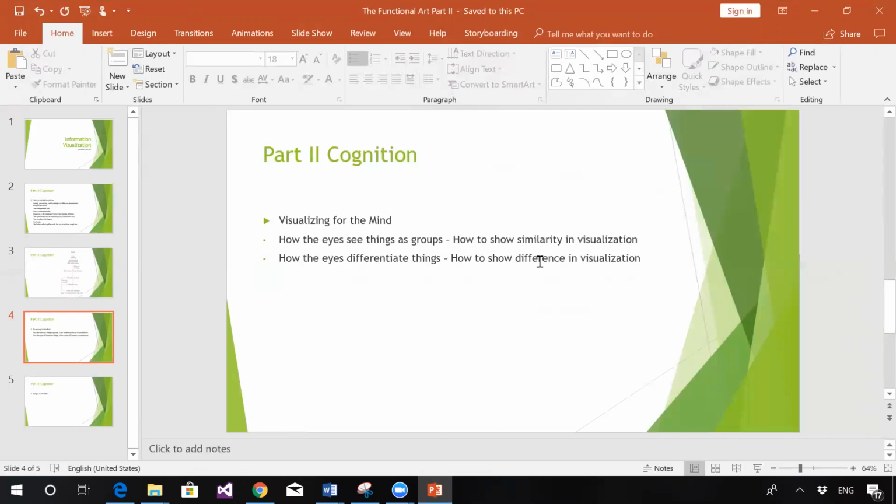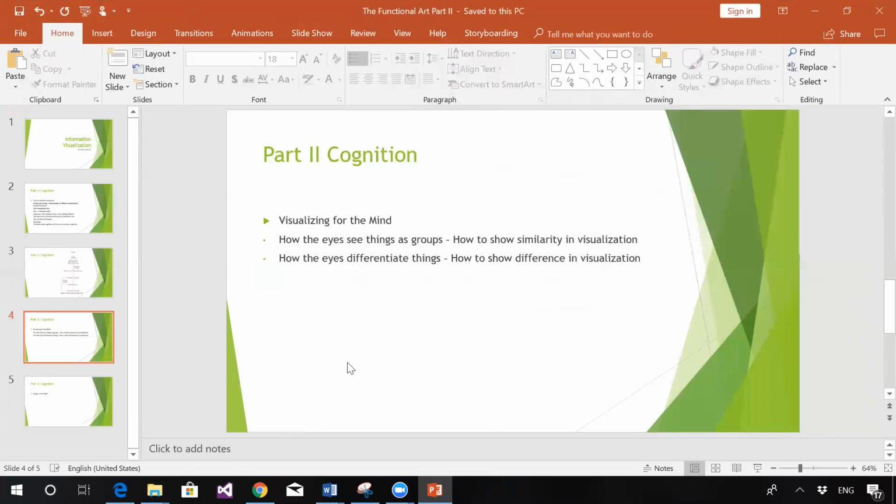We can also show difference using visualization, and a different method of showing difference may make our eyes and brains feel different. So there are better and worse ways for visualization depending on the different purposes.